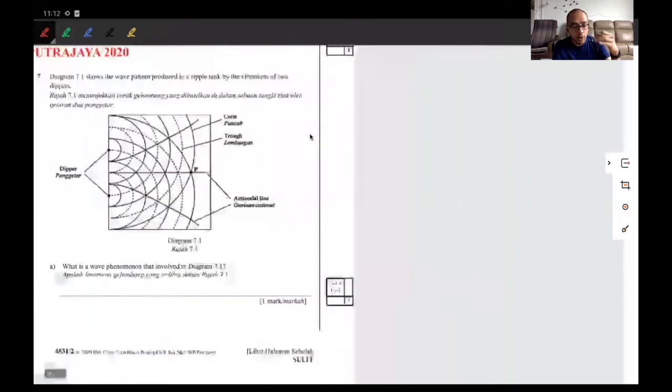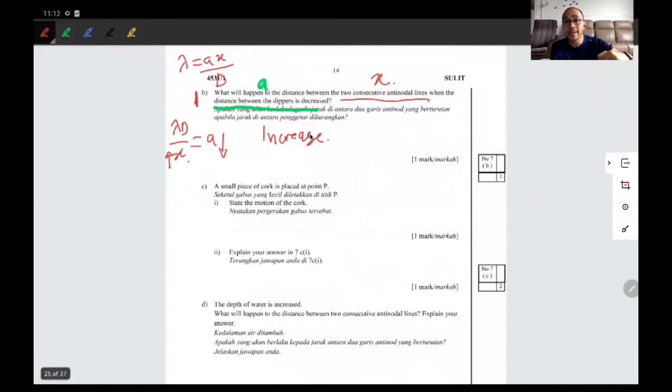But when the question comes out in a full sentence like this, what will happen to the distance between the two consecutive antinodal lines when the distance between the dippers is decreased? Then what is this? Because you don't commit this to memory. You have to know what is X, what is A, what is D in the actual definition. Because look at the answer.